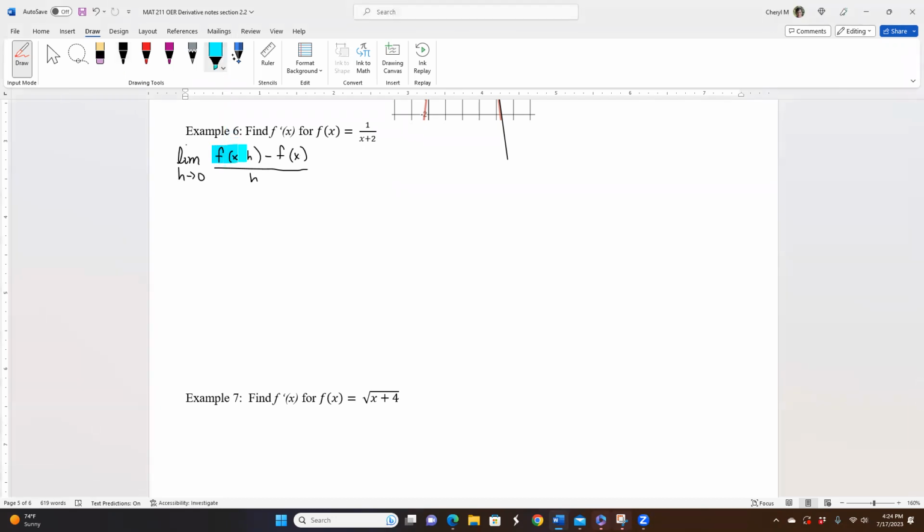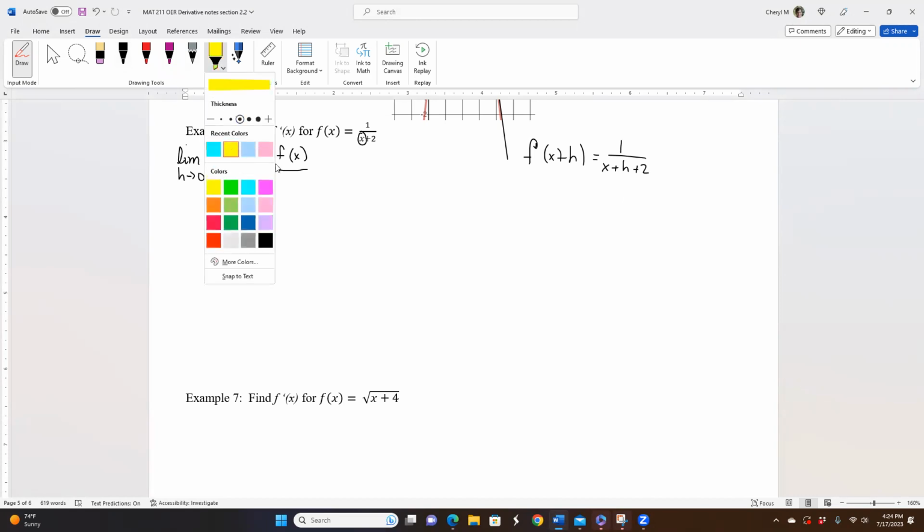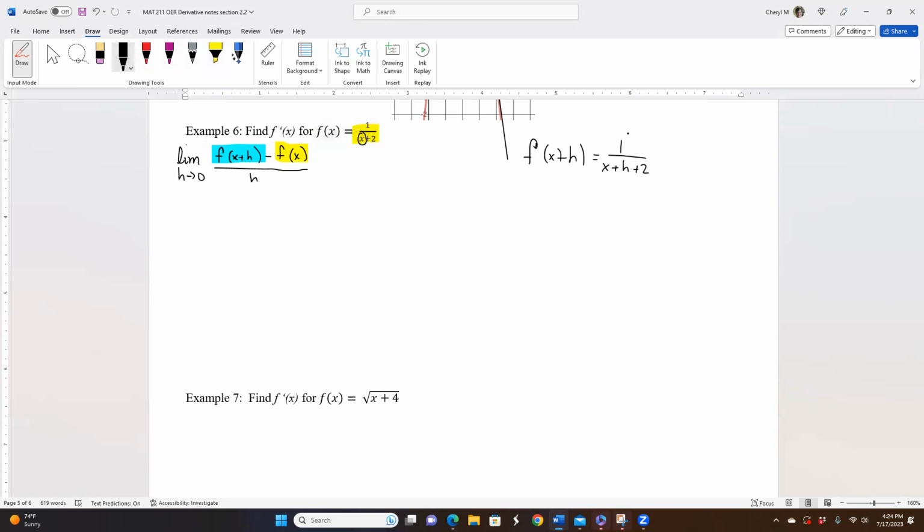First step is to find f of x plus h, which means wherever we see an x, we substitute in x plus h. So f of x plus h is going to be 1 over x plus h plus 2. And our f of x is simply 1 over x plus 2.